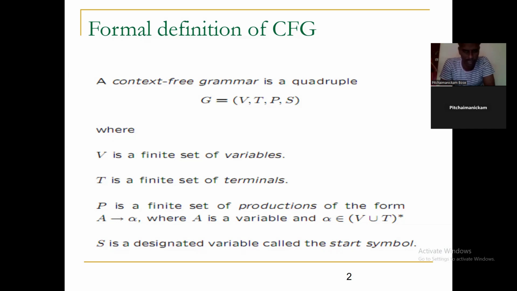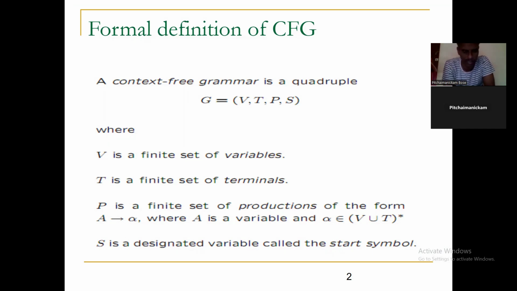A context-free grammar consists of a quadruple: variable, terminal, production, and start symbol. Here V is a finite set of variables, in capital or small letters.